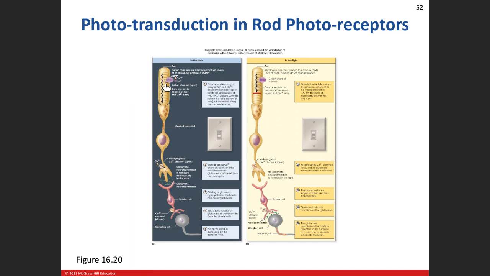As long as this cell is depolarized, it is going to cause the release of the glutamate neurotransmitter onto the bipolar cell. And as that glutamate is stimulating the bipolar cell, it's going to hyperpolarize that cell, and it prevents the bipolar cell from stimulating the ganglion cell. Okay?